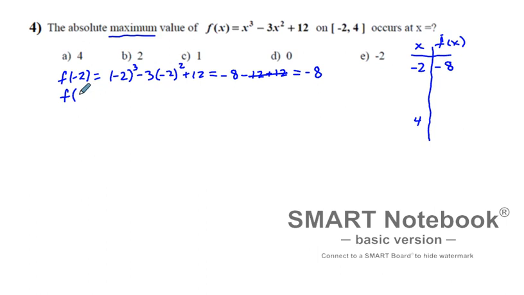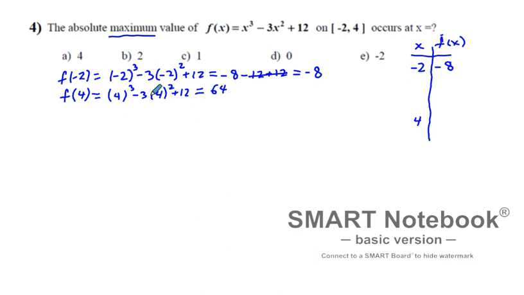F of 4 is equal to 4 cubed minus 3 times 4 squared plus 12. What's that going to be? 4 cubed, 64.